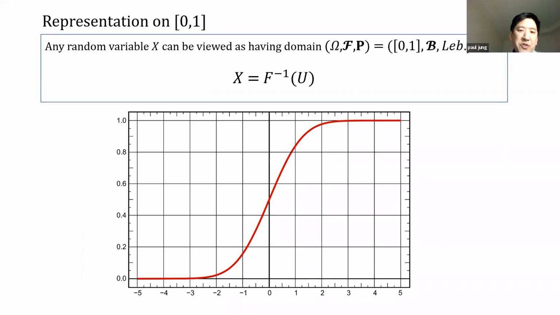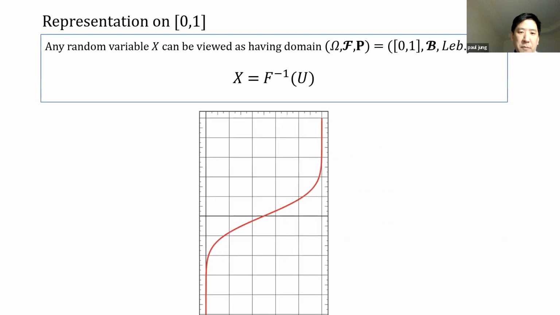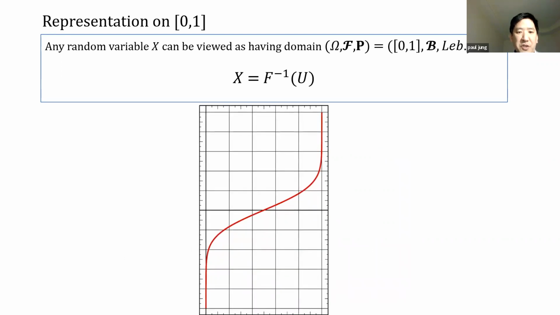So instead of using the abstract space omega, F, P, we can always take the distribution function, take the inverse of this distribution function, and let X be essentially this inverse distribution function, and then this middle part would be the probability space, and this is the random variable.